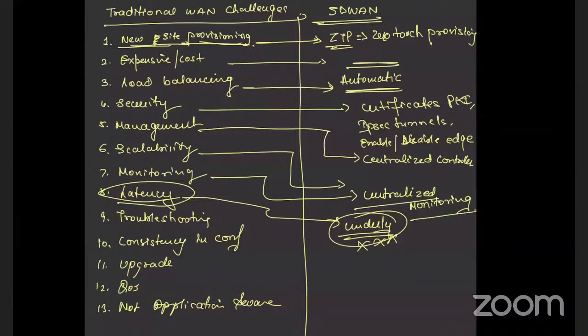But here, what you can do is, in SD-WAN, it can shift your traffic automatically as soon as it gets latency. It can shift your traffic from one link to another, or from one service provider to another within milliseconds, and it will do that automatically.